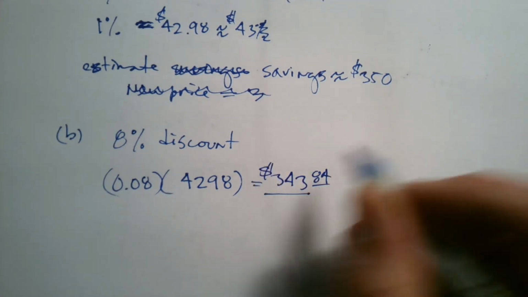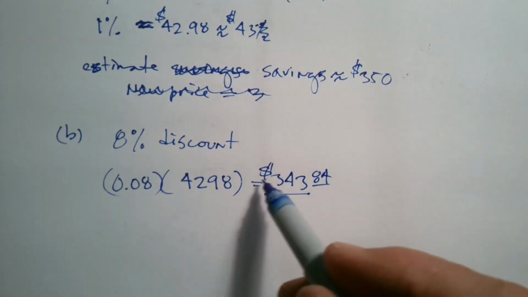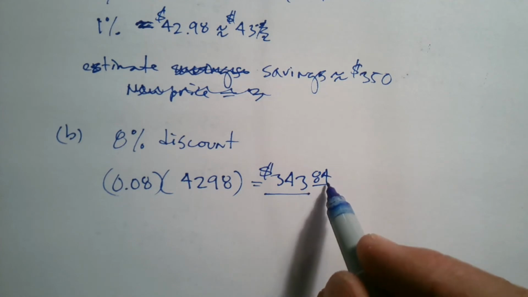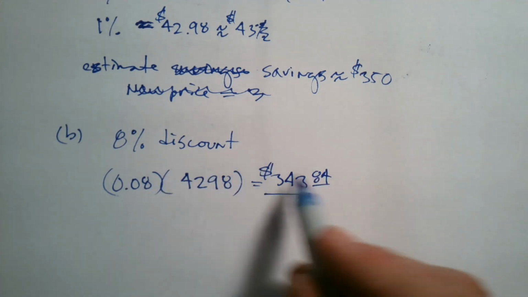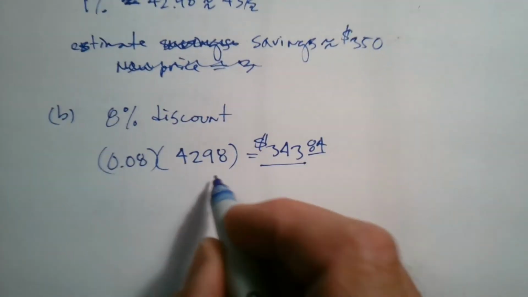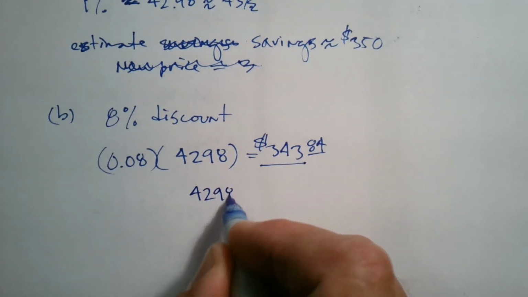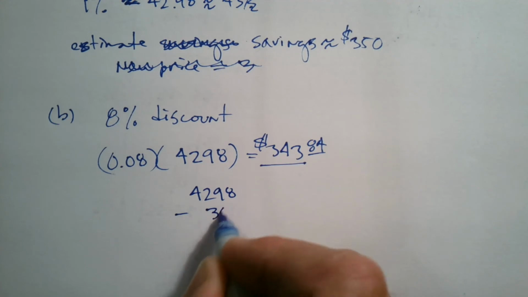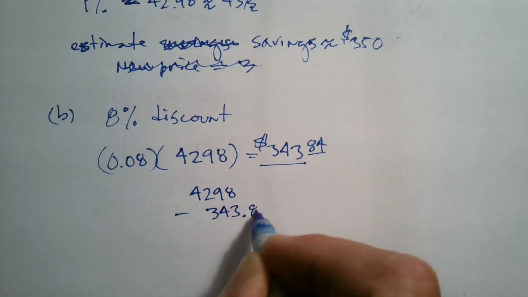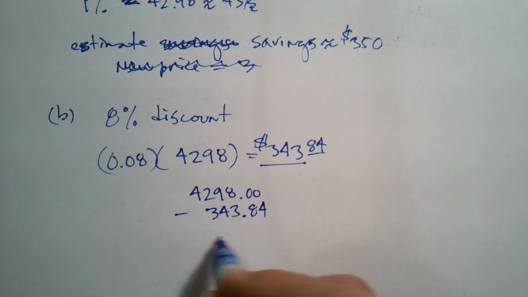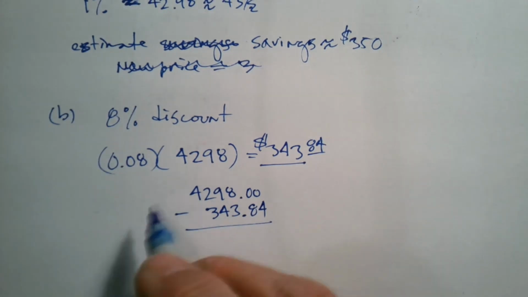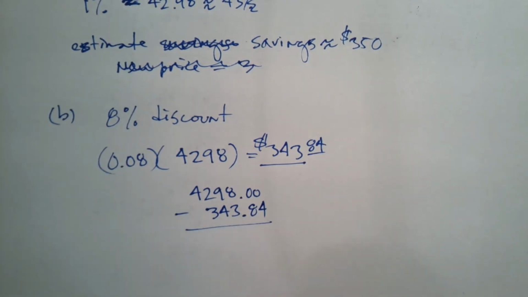That's the exact 8%, so my estimate was pretty close, actually. Then we would take the 4,298 and subtract 343.84 from it, adding my decimals and subtracting. So that's one way of getting that 8% discount.